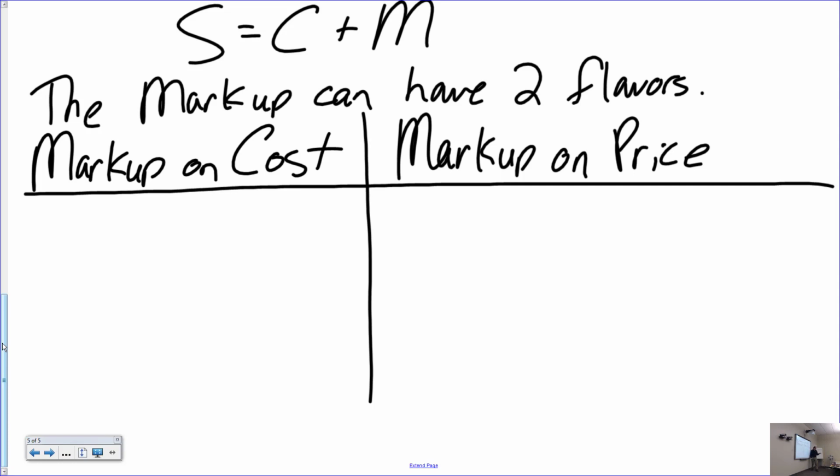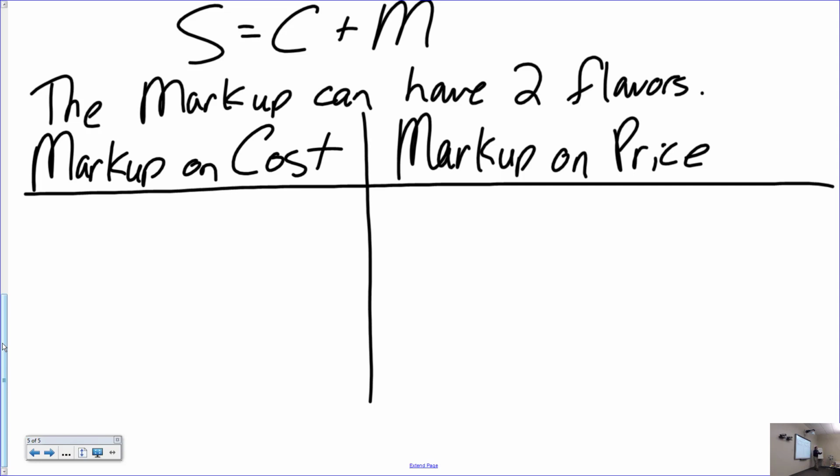So in that case where I bought it for $1, sold it for $2, I either marked up 100% on cost, or I marked up 50% on price. Those are the 2 different ways that you can calculate your markup. You can either calculate your markup as a percentage of what you paid for it, or as a percentage of what you're going to sell it for.